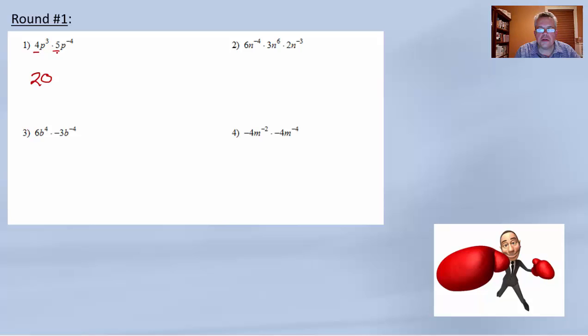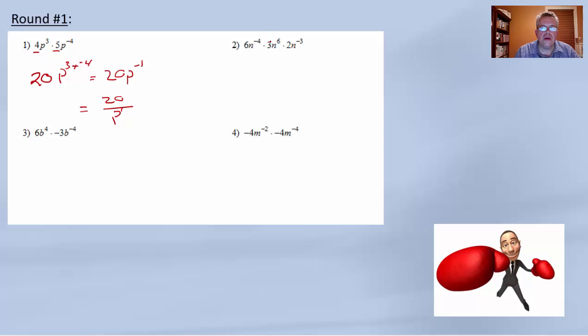When we multiply powers, we add exponents, whether they're positive, negative, or fractions, whatever the exponents are, we add them. So this is going to be 20p to the 3 plus negative 4, which is 20p to the negative 1. And then we rewrite it with a positive exponent. This is going to be 20 over p to the positive 1.